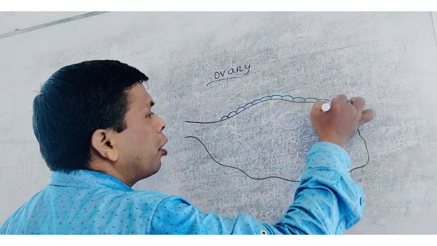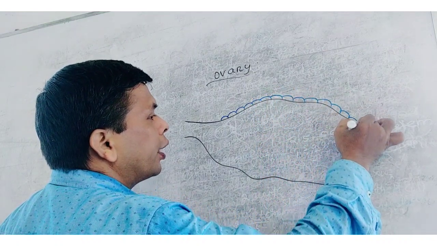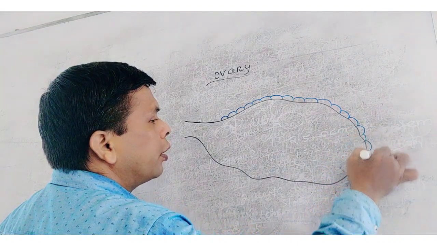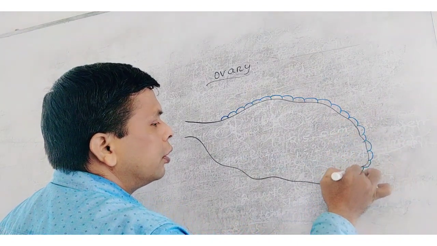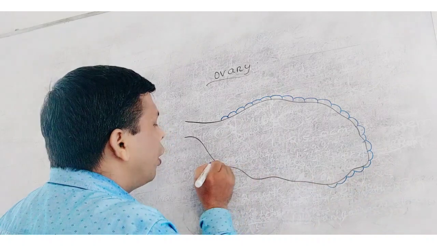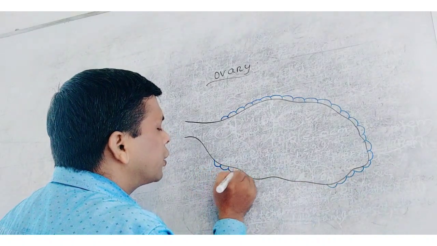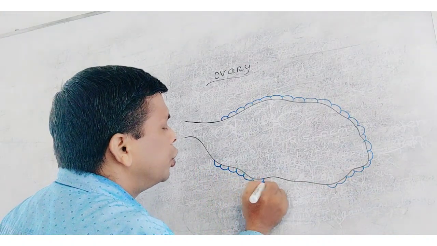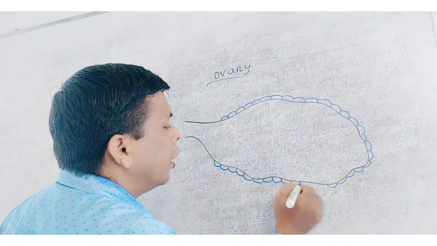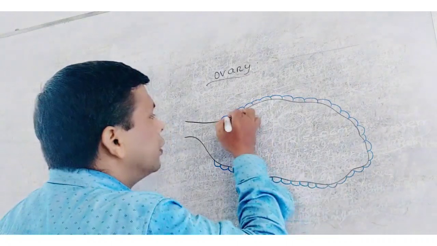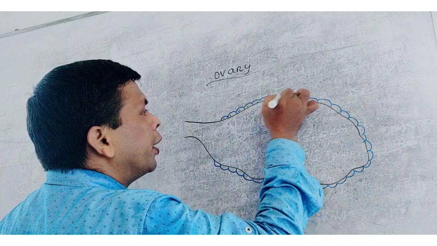The external covering is not a membrane, rather it consists of a layer of cells called germinal epithelium.